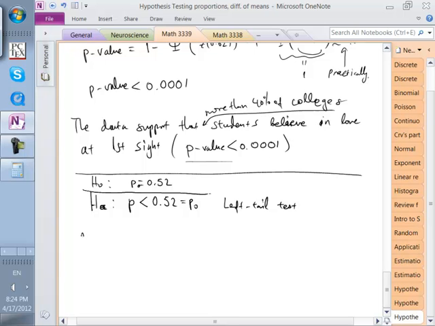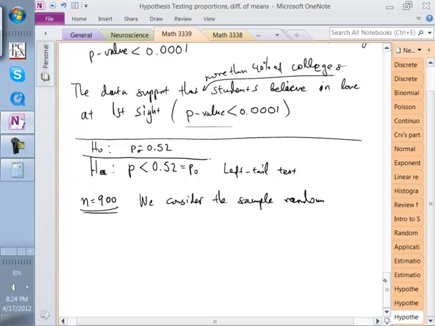Now we had 900 adults, so we believe we have a random sample. We're not told anything about the sampling, so we take for granted, we consider the sample random. So we have a very big sample, 900, it's greater than 30.